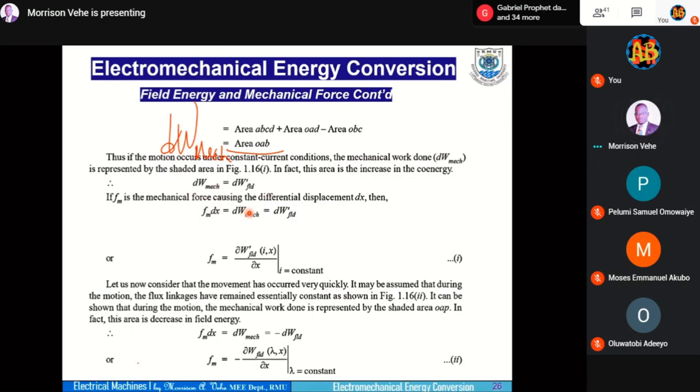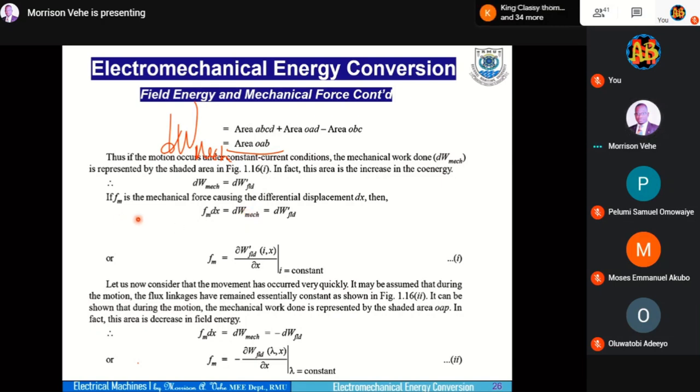So this area is the increase in the co-energy, which eventually establishes our dW mech to be equal to this, because we are keeping the current constant.